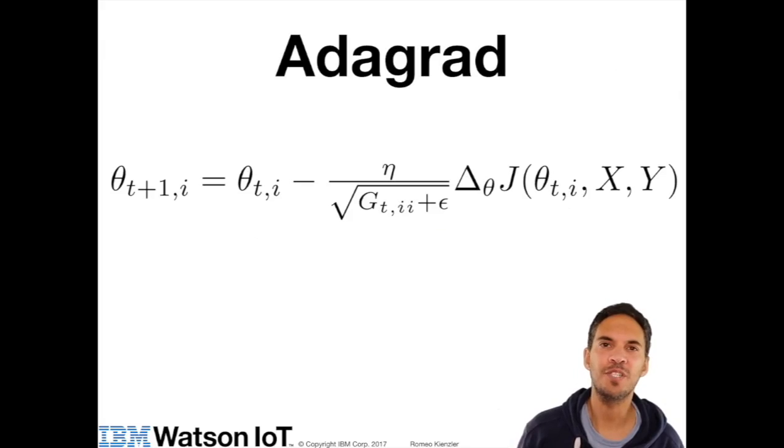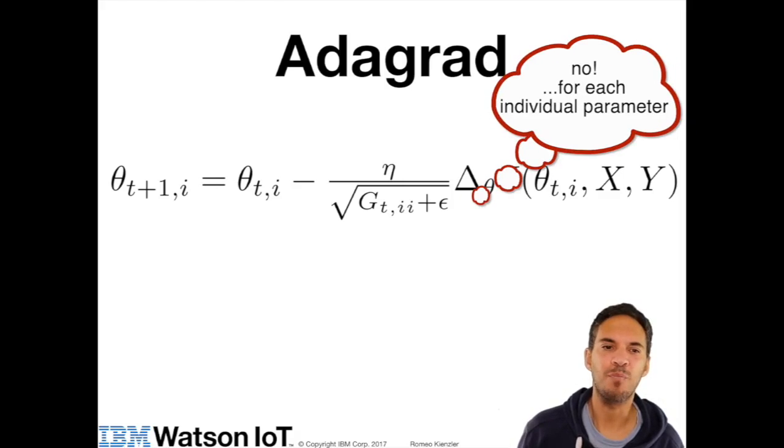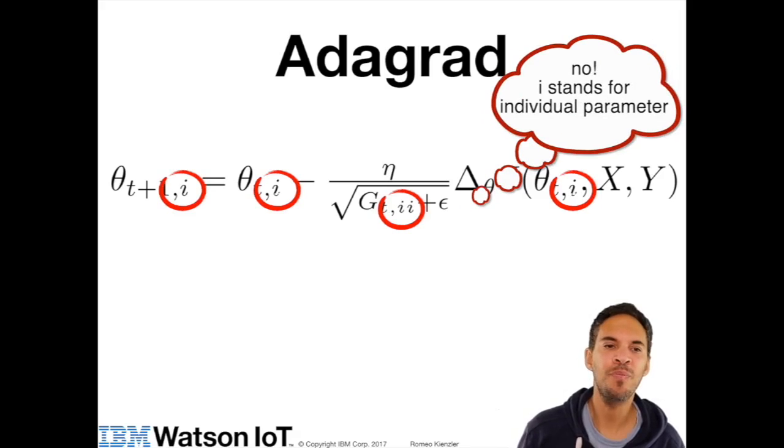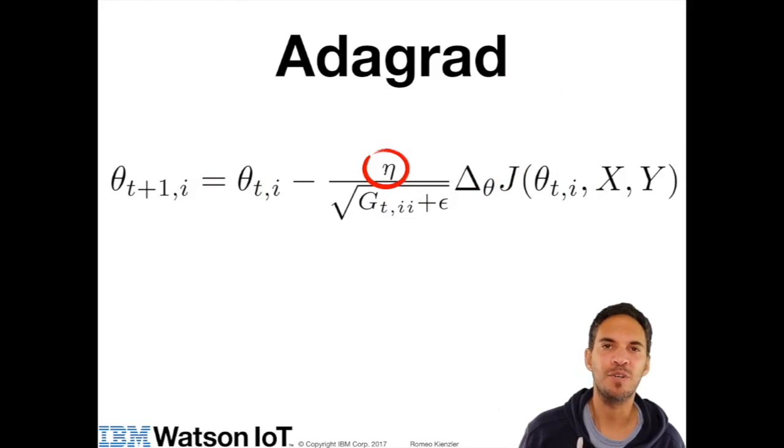So ADAGRAD, which stands for adaptive gradient, tries to change the learning rate over time, and not only for the complete batch, it tries to change the learning rate for each individual example. So you see here, this formula is dependent on i, so i stands for the actual training example. So we see here that the learning rate eta is modified, and it's modified by this term here.